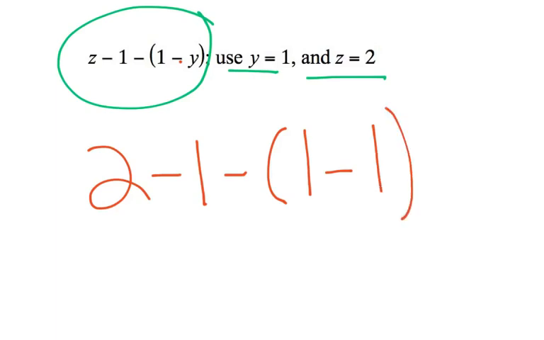So we are changing the z into a 2, and we're changing the y into a 1. Then we have 2 take away 1 minus parentheses 1 minus 1 parenthesis. Now you can put that straight into the calculator or use order of operations, and either way you're going to end up with 1 for a final answer.